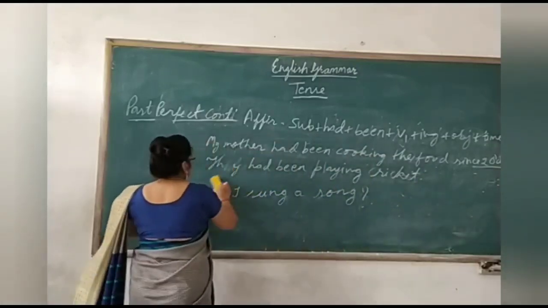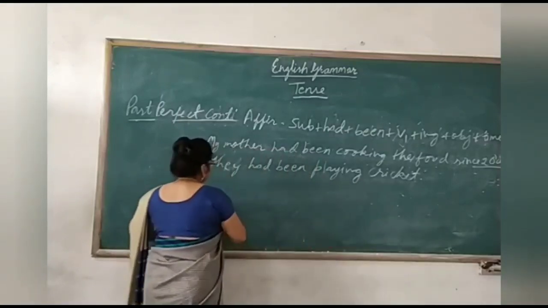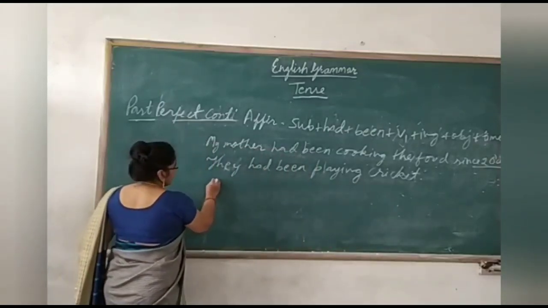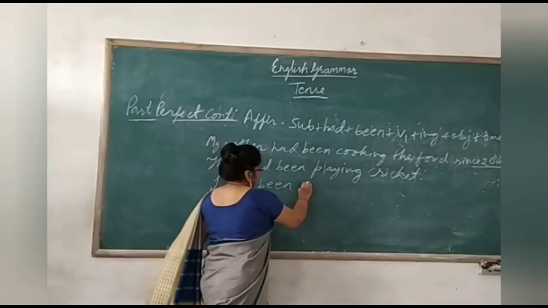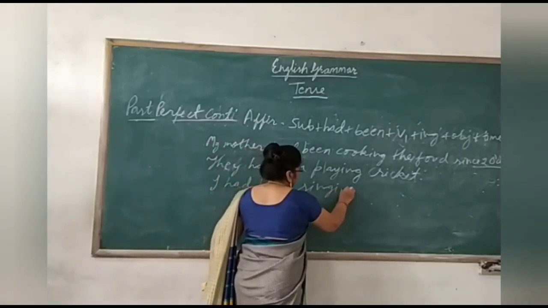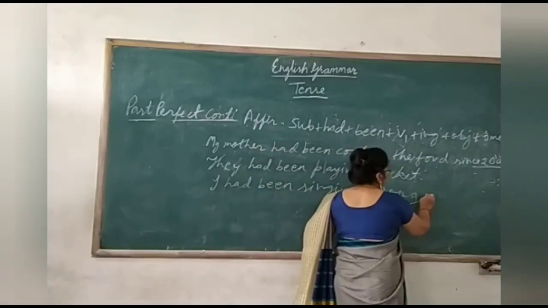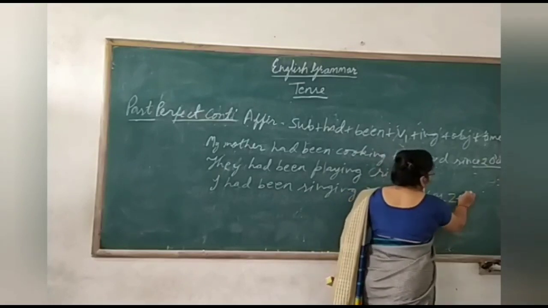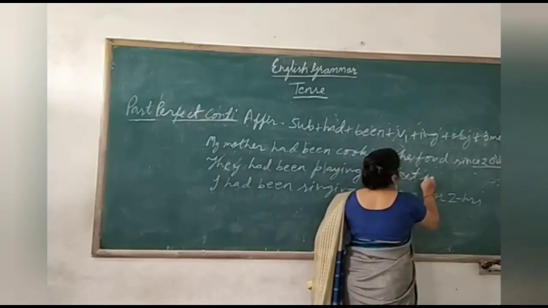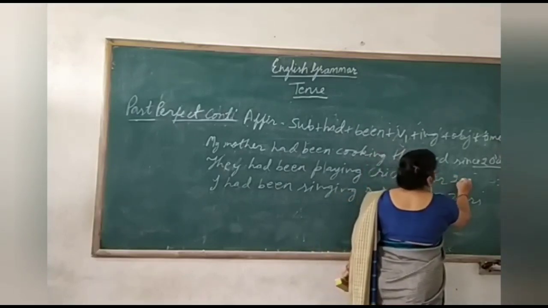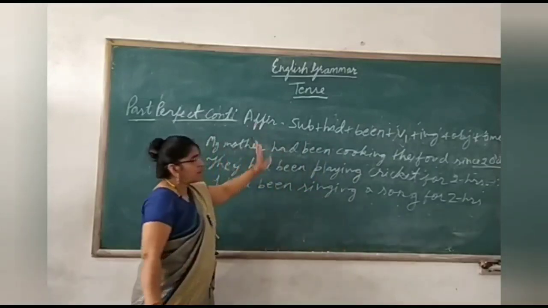Then the last, I had been singing a song. Here you can mention for 2 hours. Same way, just above. Here also you can mention the time. Clear? So this is the affirmative.